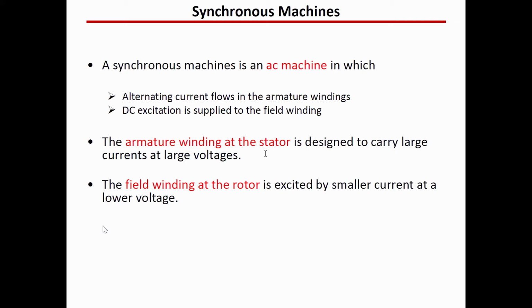What about the field? Well, the field will be similar to before, to the DC machines. The field will be DC supplied by a DC source. You remember the separately excited machine where we supply the field by using an external DC source? It's still the same. So the field will still be DC, but the armature will be AC. So this is a major difference.